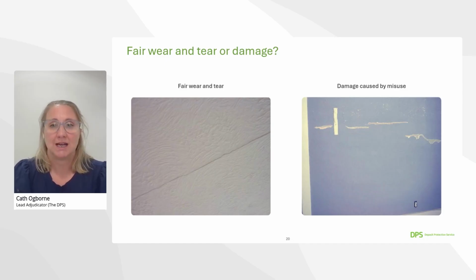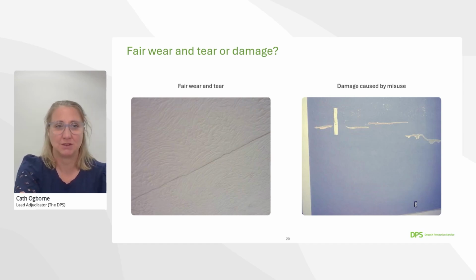You can contrast that with the image on the right-hand side of the screen, which shows what looks like shelves maybe have been ripped up off the wall, but certainly damaged. This isn't something that's happened gradually over a period of time. This seems like something that's happened fairly suddenly, and that's the result of something that the tenant's done. So that would be an indication of damage that's been caused by misuse.